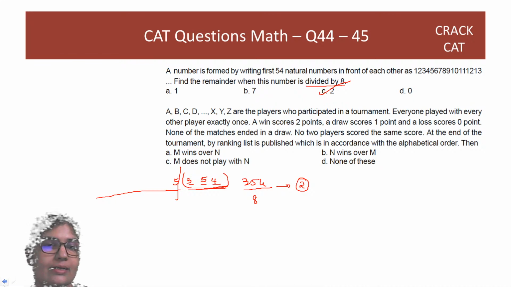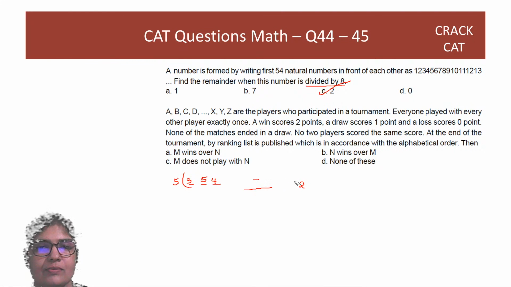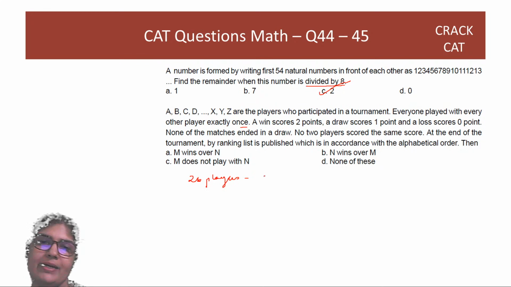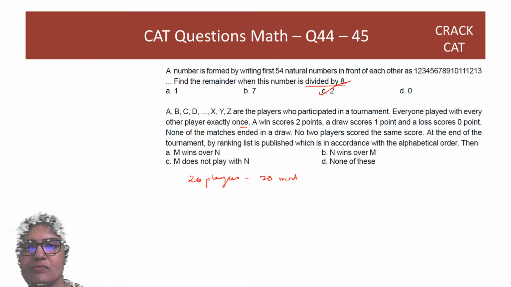Great, let's look at the 45th question. A, B, C, D are the players who participated in a tournament. Everyone played with every player exactly once. So there are 26 players. All of these players must have played 25 matches.